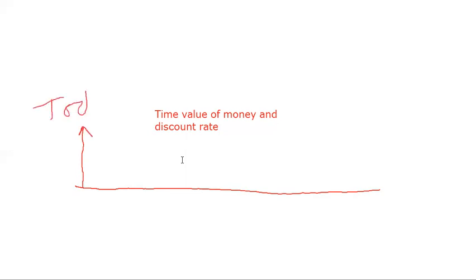In order to understand the time value of money, let me draw a time graph. Let us say that I am here. This is today. Let us say today I am lending 1,000 rupees to my friend.